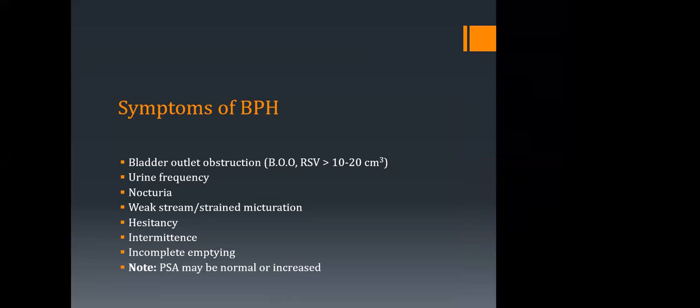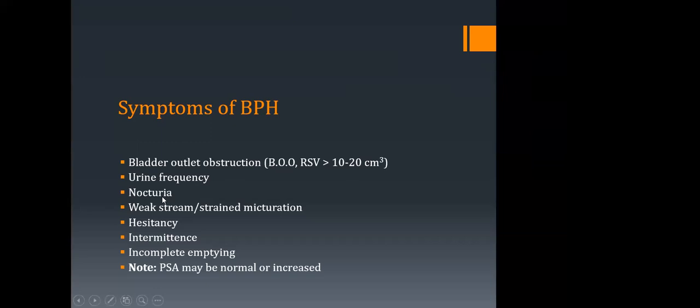Now, the commonest pathology, or the commonest indication, is benign prostatic hyperplasia. Some call it hyperplasia, some call it hypertrophy. But it is predominantly hypertrophy. Now, what are the symptoms? You have bladder outlet obstruction. Usually you have a volume that is greater than 10 to 20 cubic centimeters. And this person has urine frequency.